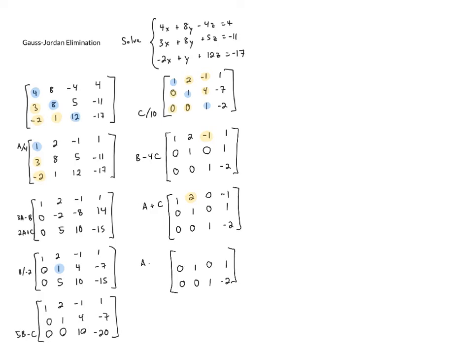So we need to take A minus 2 times B. If we do that, 1 minus 2 times 0 is still 1. 2 minus 2 times 1 is 2 minus 2, which is 0. 0 minus 2 times 0 is still 0. And then negative 1 minus 2 times 1 is negative 1 minus 2, which is negative 3.